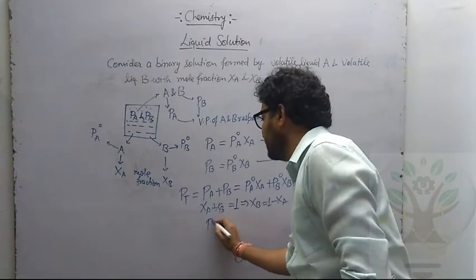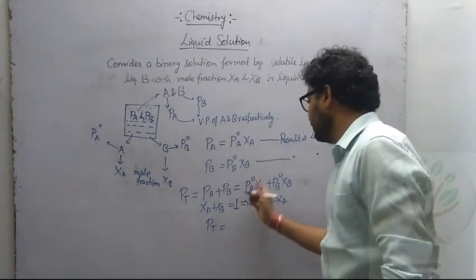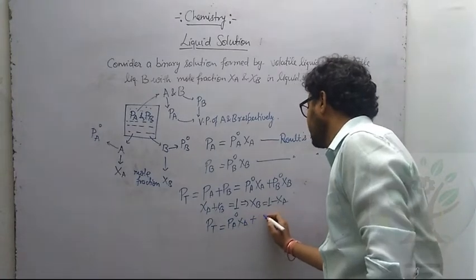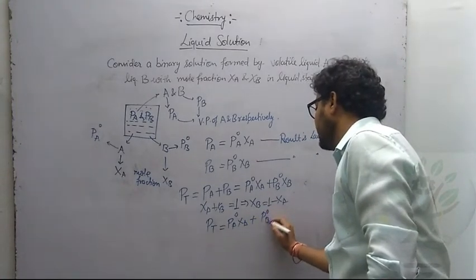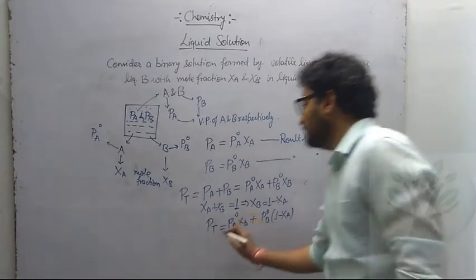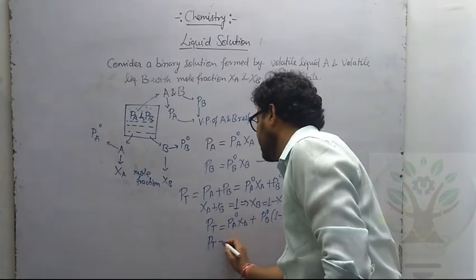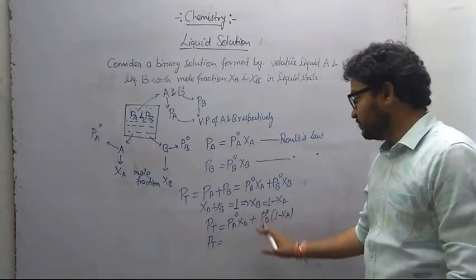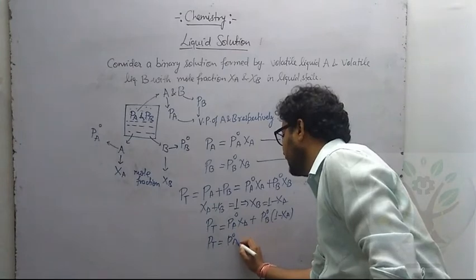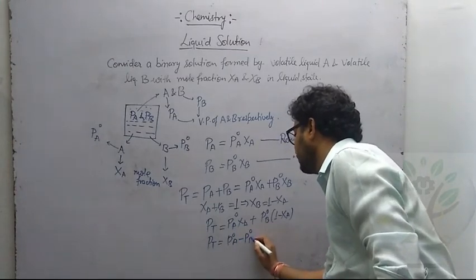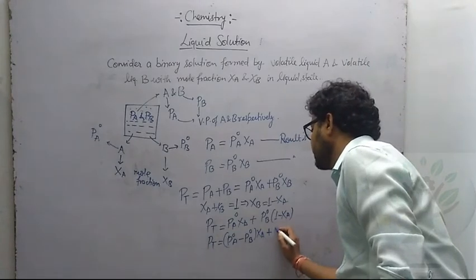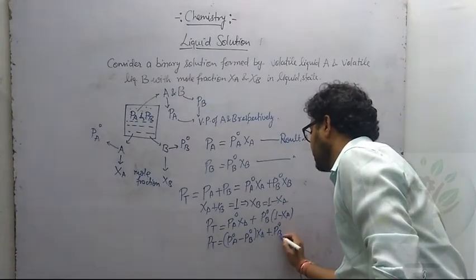So PT will be written as P naught A into XA plus P naught B into (1 minus XA). So PT equals P naught A minus P naught B, multiplied by XA, plus P naught B.